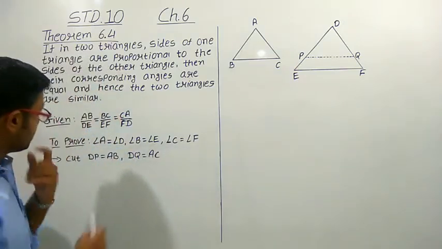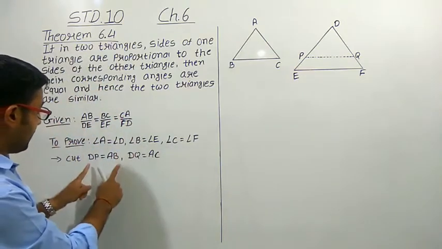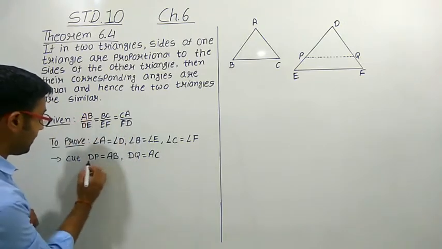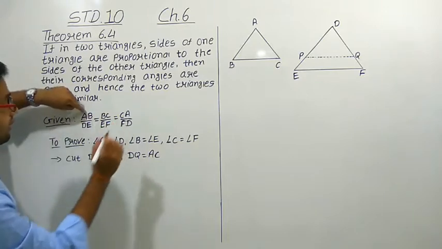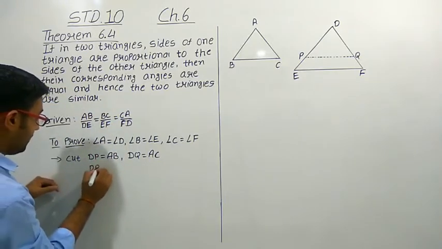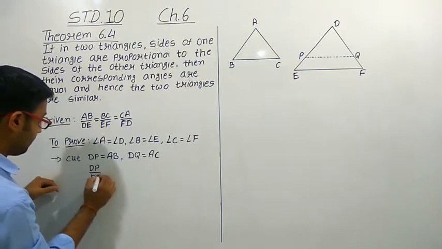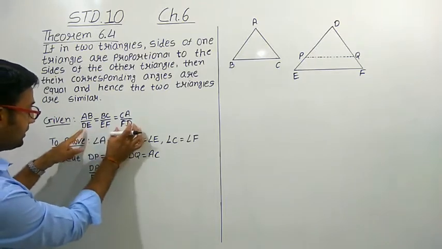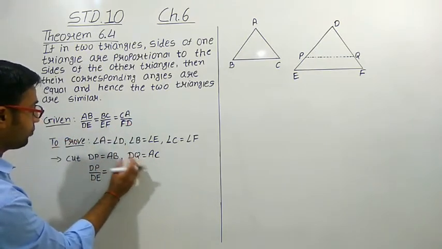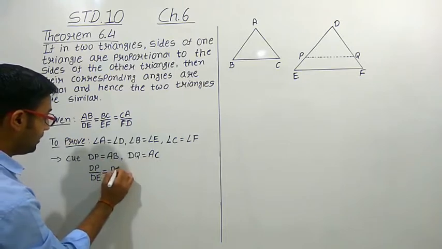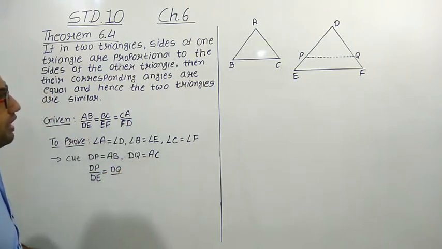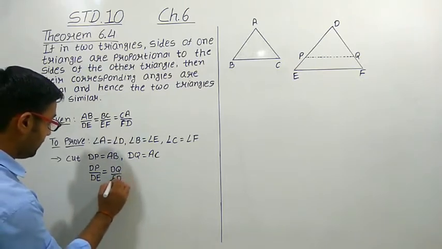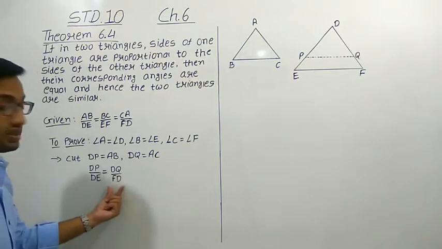Now this is the given condition. If we apply this in the criterion, then what will happen? See, instead of AB we can write DP. So we can write DP upon DE is equal to, instead of CA we can write DQ, DQ upon FD. These are the two things we have to write.